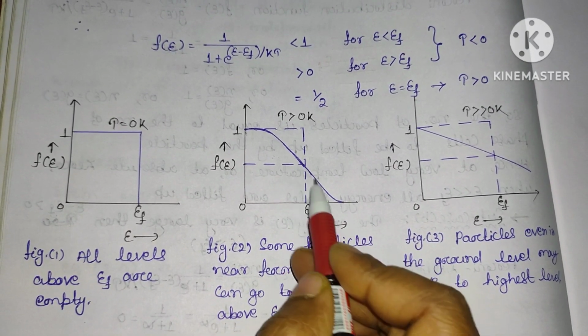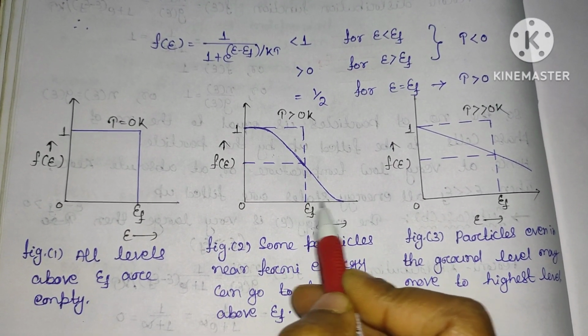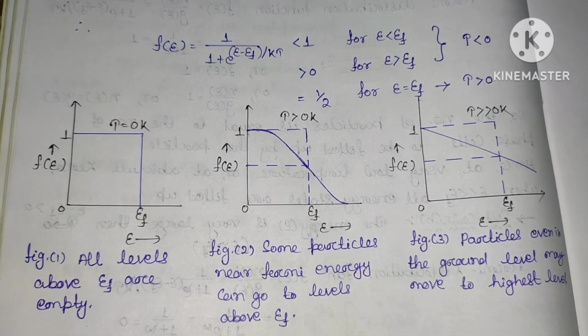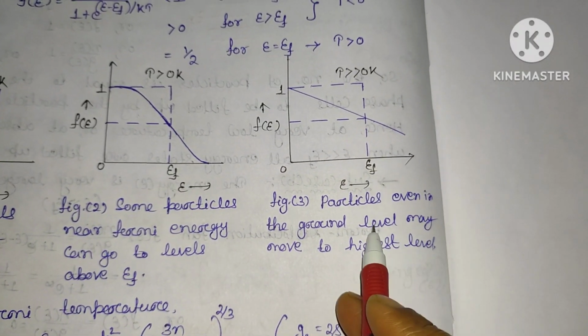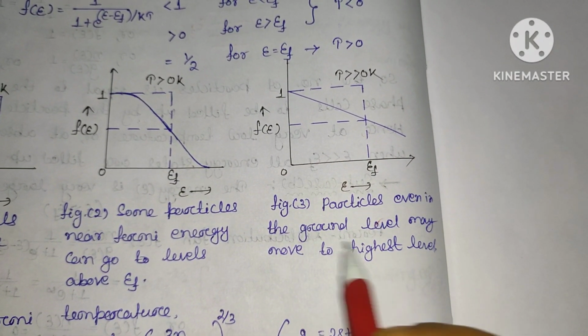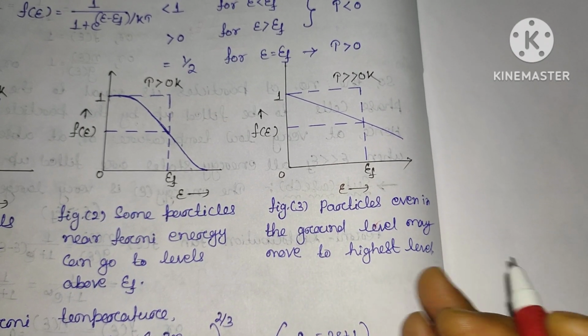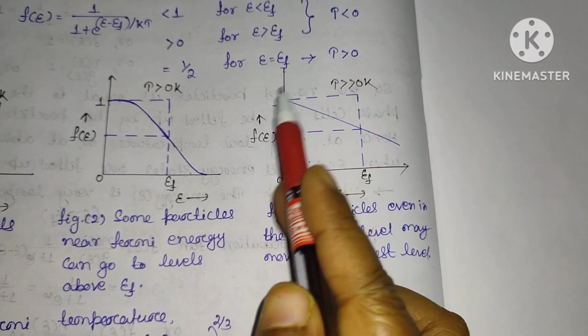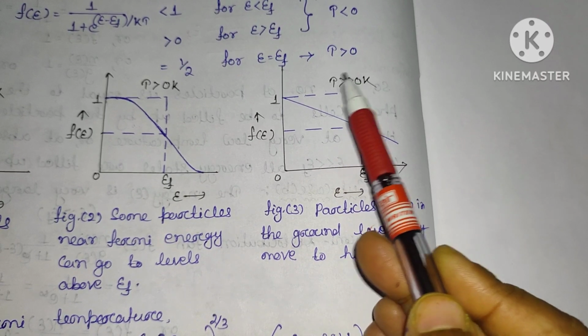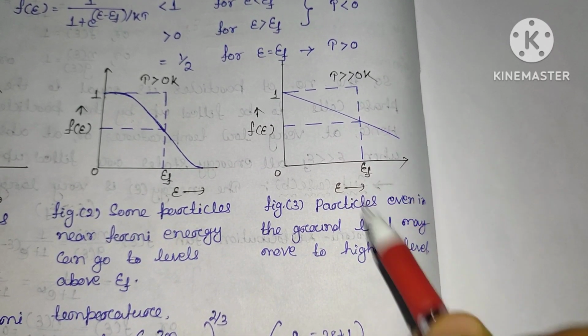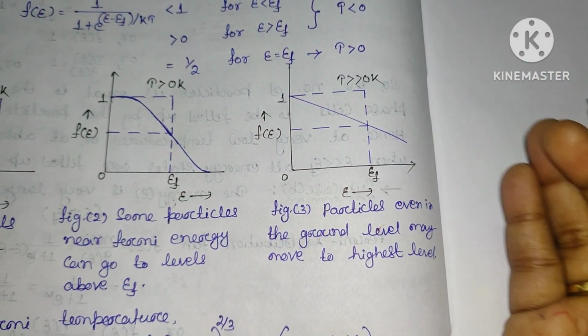That is, this graph represents that there must be some particles here. In the third case, you can see that even particles in the ground level may move to the highest level. This figure represents when the temperature is very much larger than 0 Kelvin, so the particles may move to the highest level.